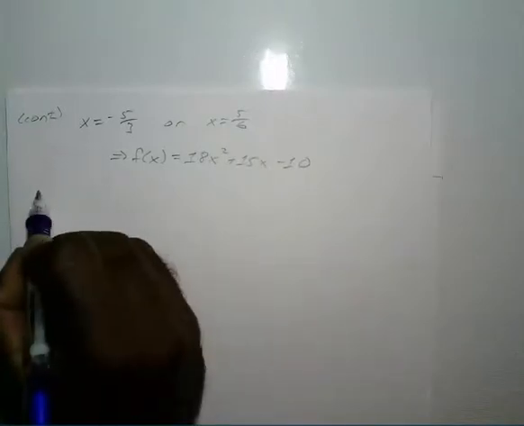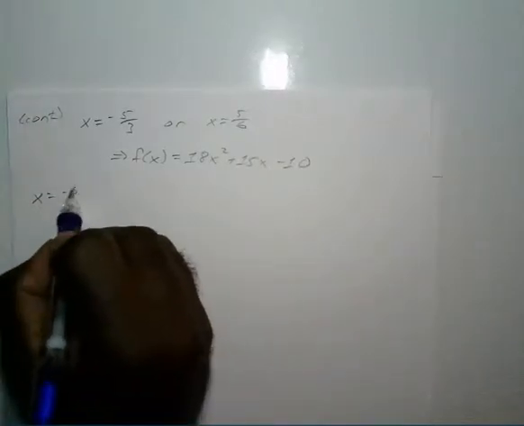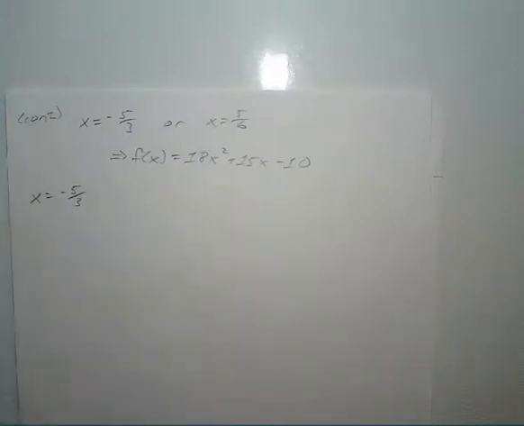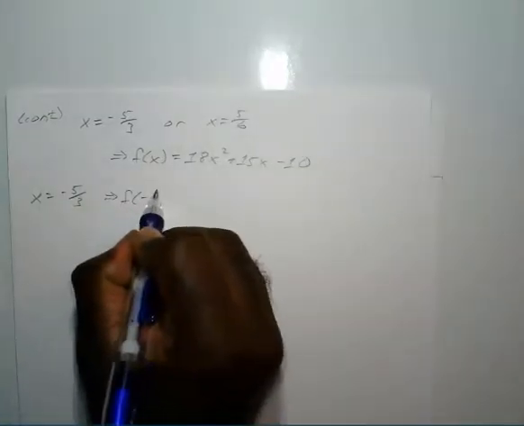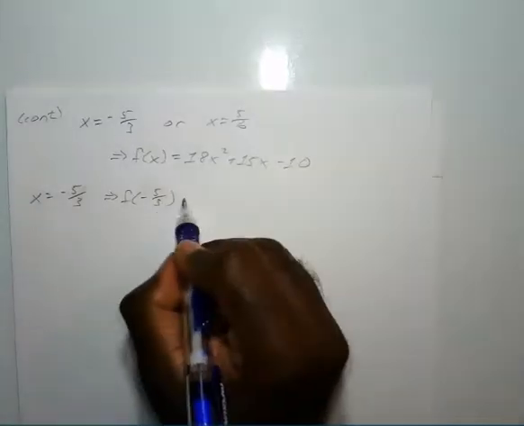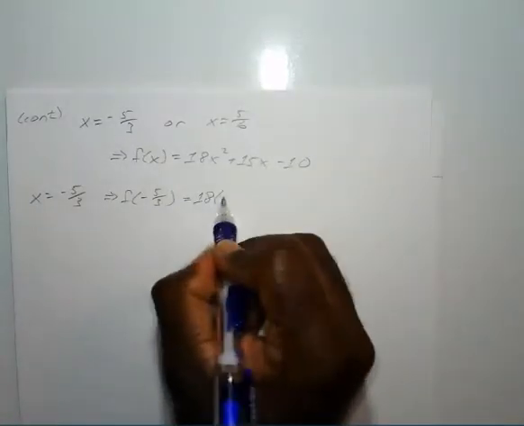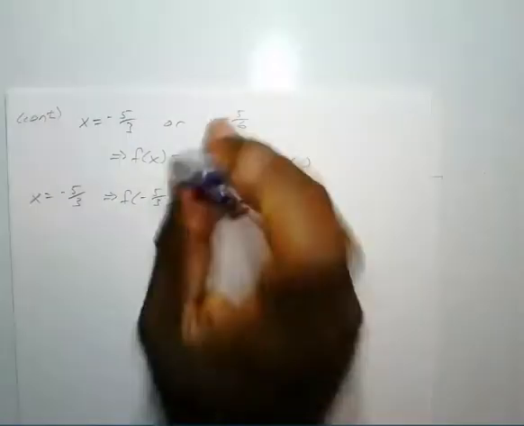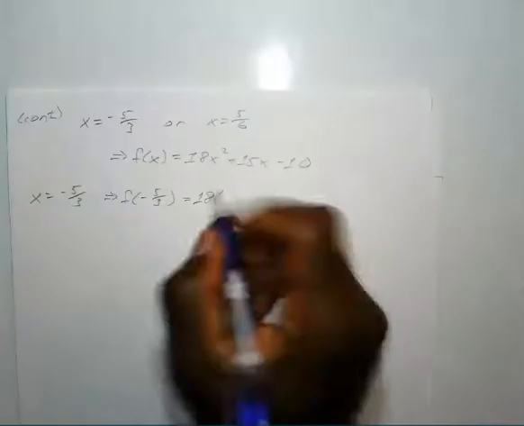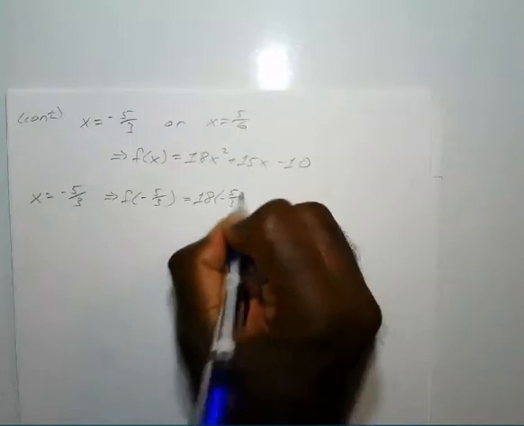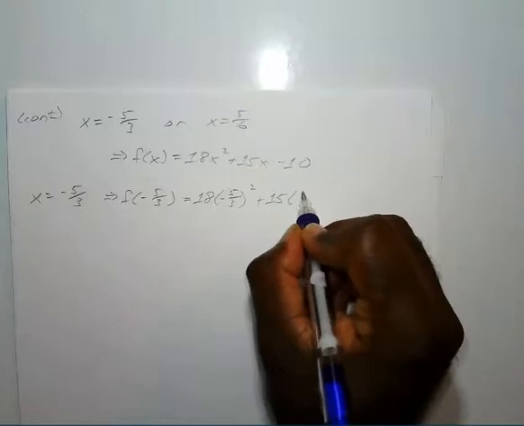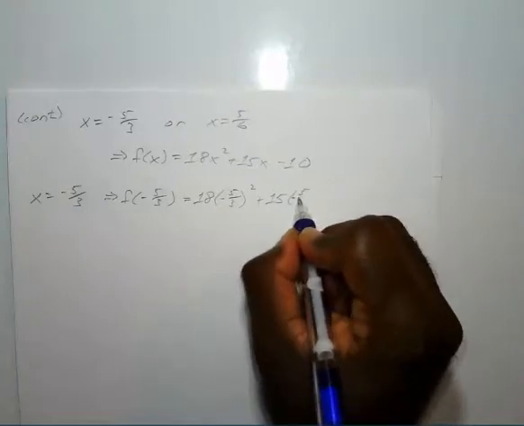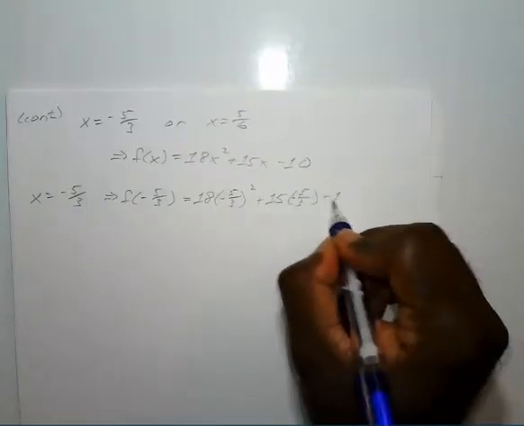If we have x equals negative 5 over 3, f of negative 5 over 3 equals 18 times negative 5 over 3 squared, plus 15 times negative 5 over 3, minus 10.